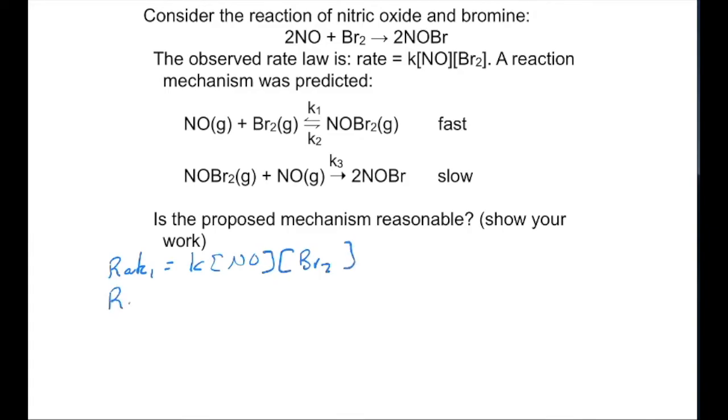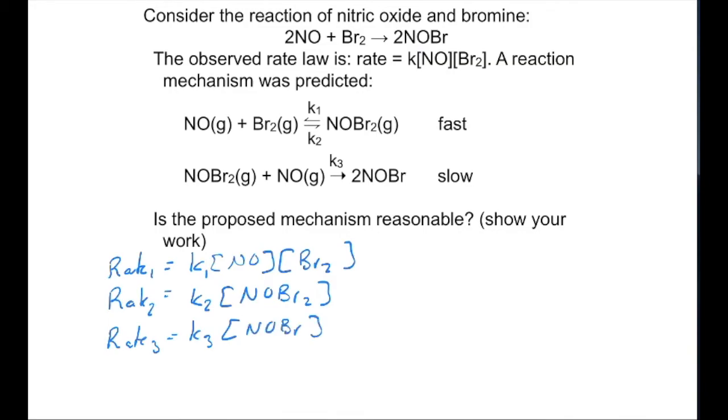Rate 2 equals K2 times the concentration of NOBr2, and rate 3 equals K3 times the concentration of NOBr2 times the concentration of NO.